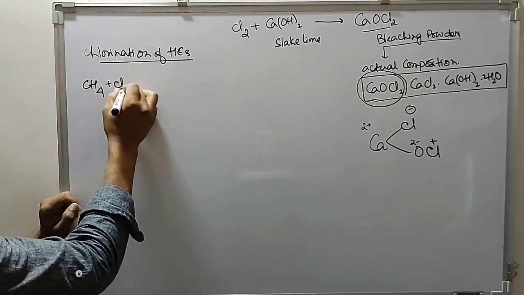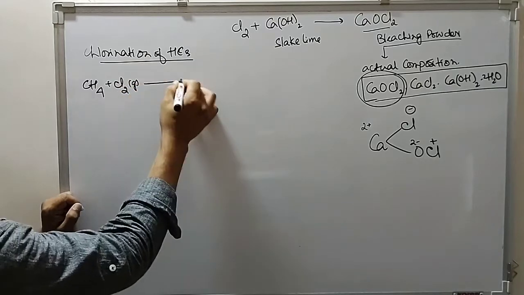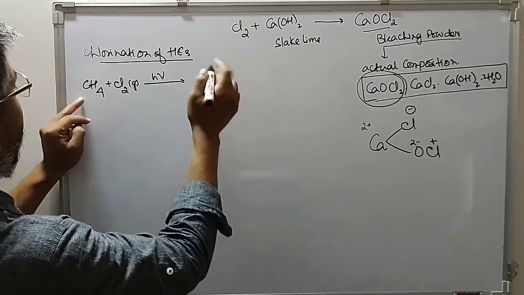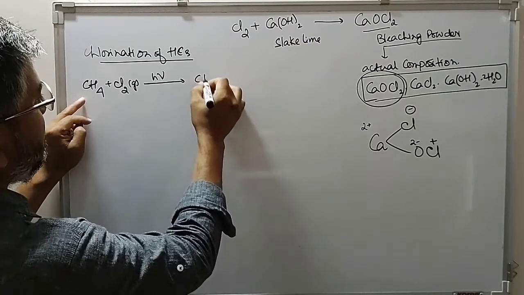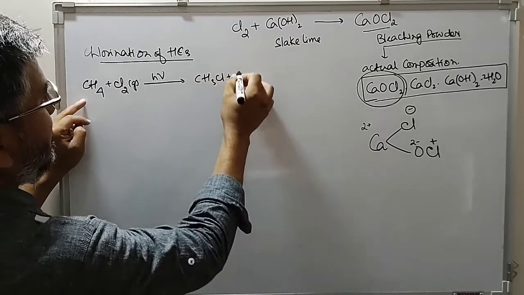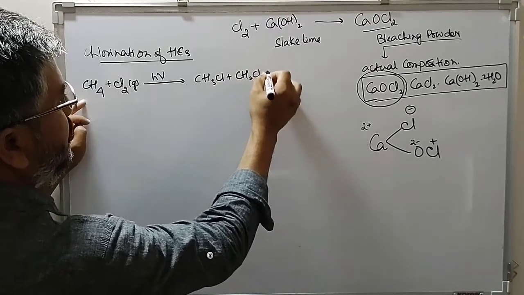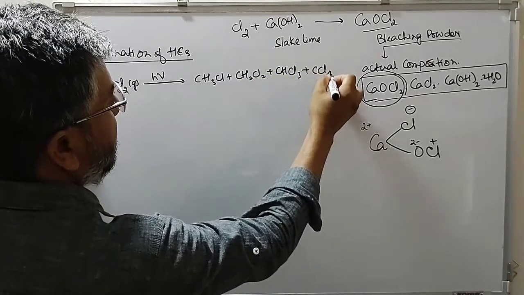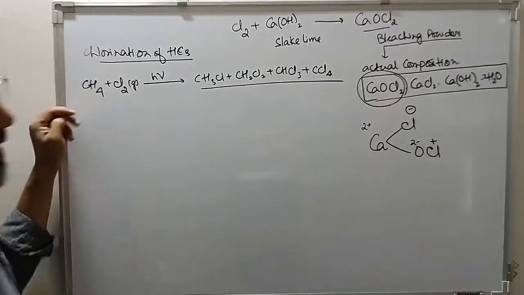CH4 reacts with chlorine gas in the presence of sunlight. This gives you a mixture of halo compounds: CH3Cl, CH2Cl2, CHCl3 plus CCl4. A mixture of halogen-substituted compounds will be formed.